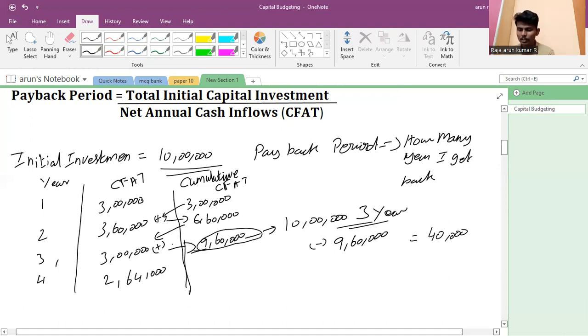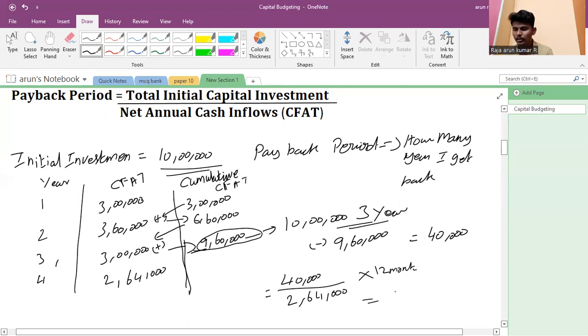That 40,000 we calculate in the fourth year. The cash flow for 12 months is 2,64,000. We divide 40,000 by it and multiply with the 12 months.